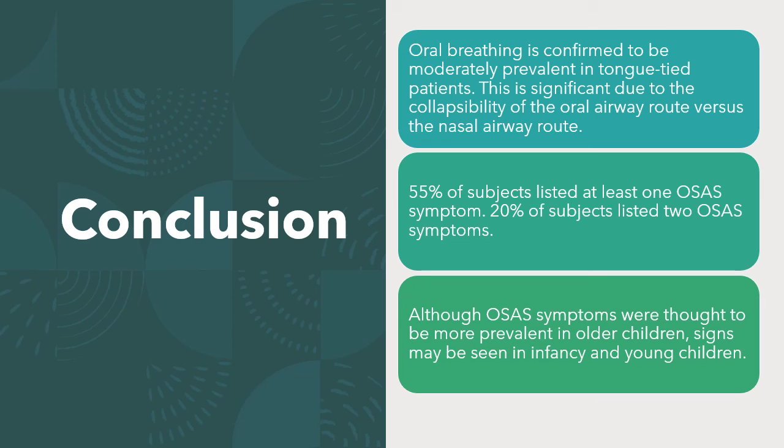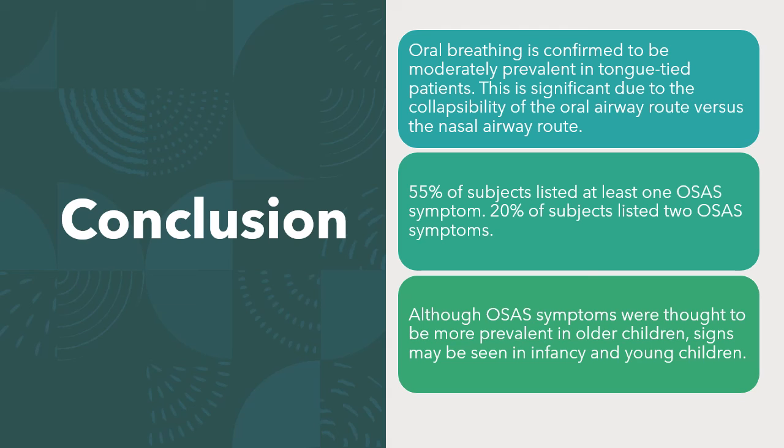Previously, it was expected that older children manifested symptoms of obstructive sleep apnea syndrome because of the ongoing abnormal development of craniofacial features due to ankyloglossia. However, this data suggests that obstructive sleep apnea syndrome symptoms may be seen in young children and infants. Oral breathing was the overwhelming symptom seen, but snoring and witnessed apneas were also reported.